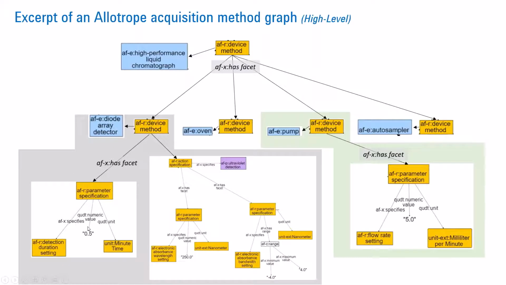That shows here a parameter of a duration setting, 0.5 minutes. And then we have a little bit more complex setting like the bandwidth for the wavelength settings, with the wavelength setting itself, so 250 nanometers, and the bandwidth. And for the pump, we have the flow parameter. So, and equivalent to that, the full graph will look like.